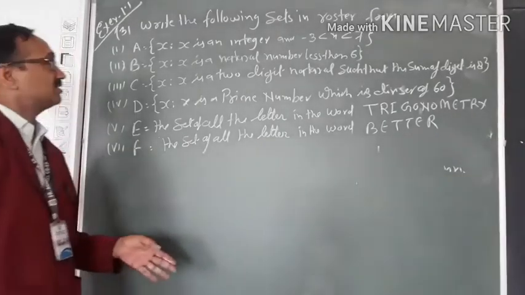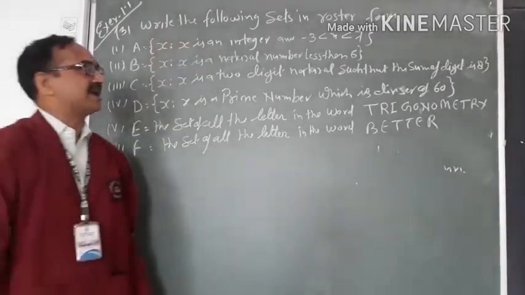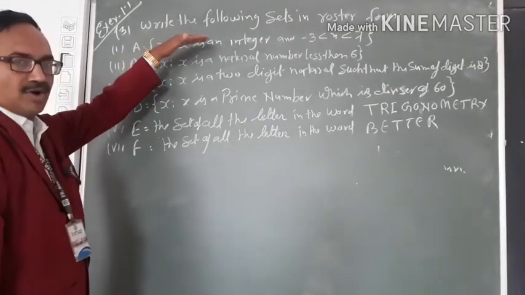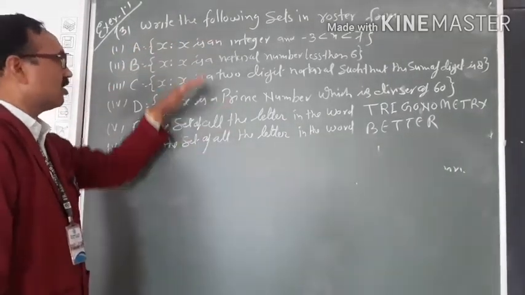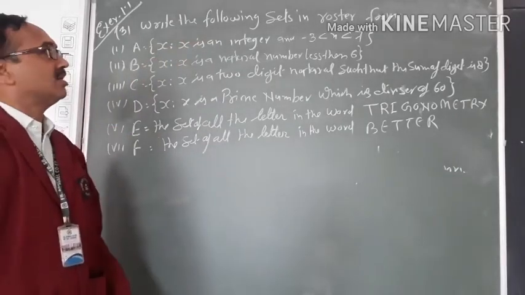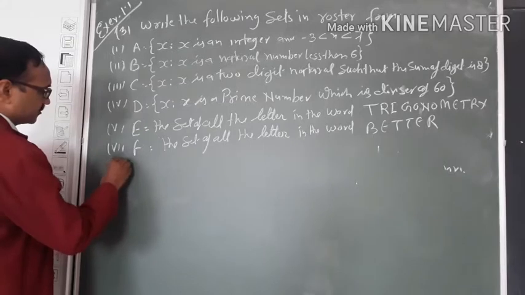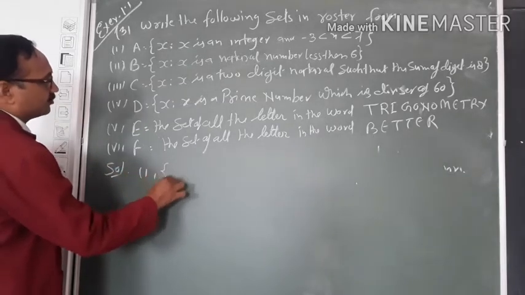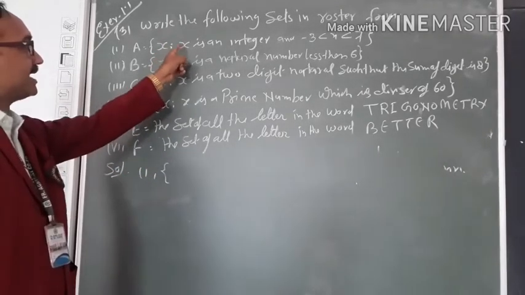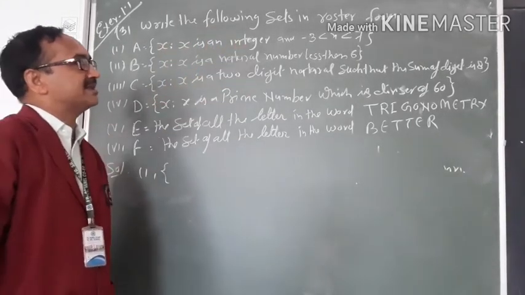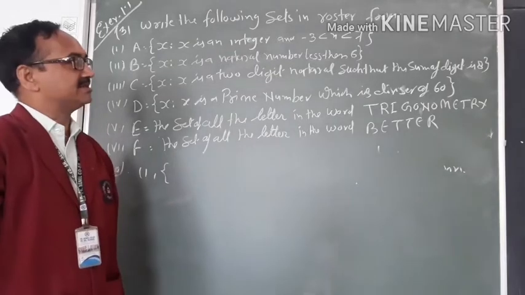This is another question. Write the following set in the roster form. This is a set given in set-builder form. Now write this in the roster form. Roster form means listing the elements. So first part A: x is an integer such that x is an integer and minus 3 is less than x is less than 7.